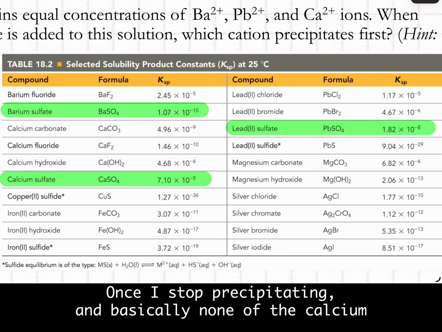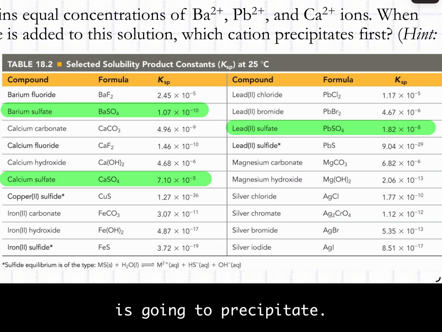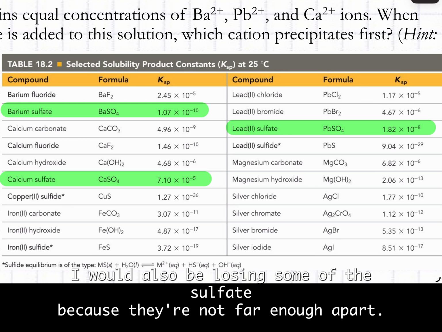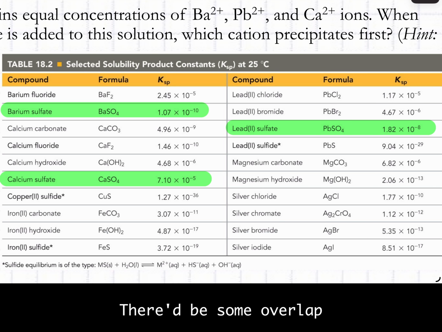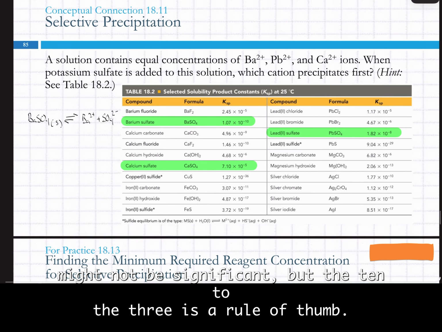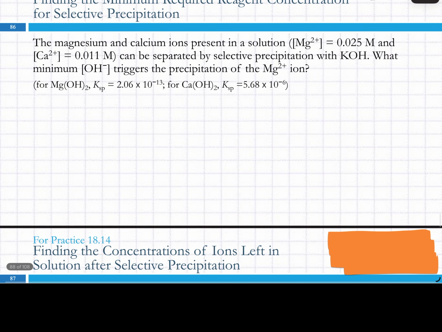Once that's done precipitating, basically none of the calcium is going to precipitate. Lead sulfate, on the other hand, I could precipitate out the barium, but I would also be losing some of the sulfate because they're not far enough apart. There'd be some overlap. Might not be significant, but the 10 to the 3 is a rule of thumb anyway.